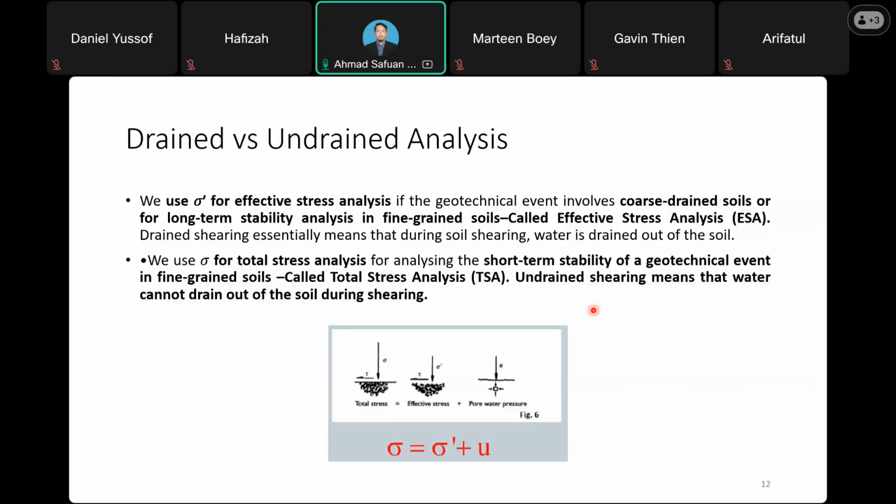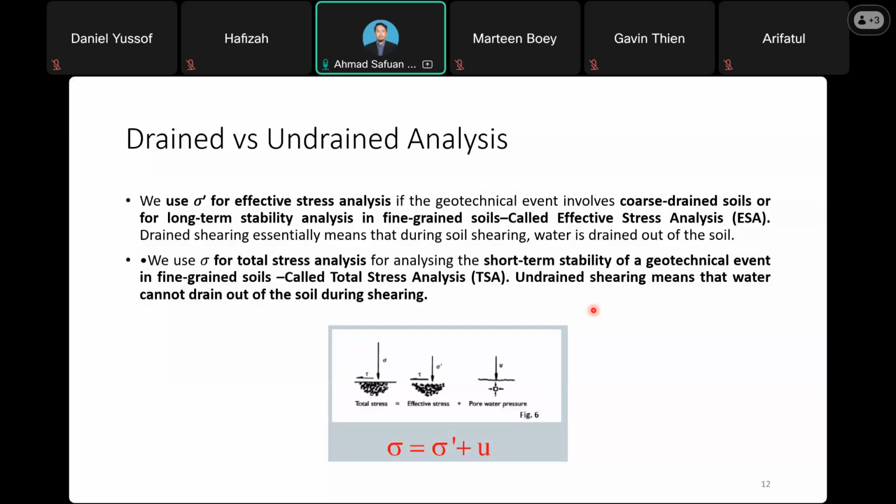But in terms of the behavior, usually in EC7 the drained condition is based on soil that is able to drain out the water inside the soil particles. Usually it represents sandy type of soil.